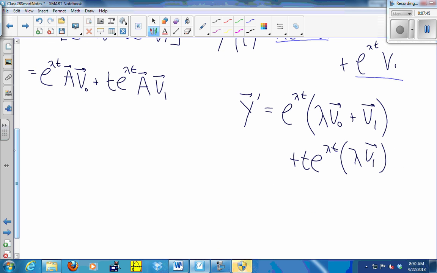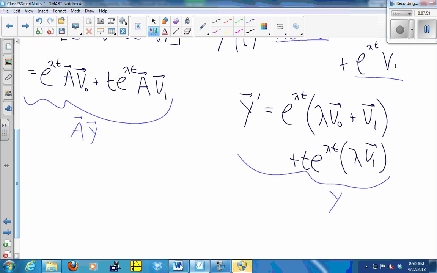Okay, so this is A times y. This is y prime. They have to be equal to satisfy the differential equation. So set corresponding coefficients equal.